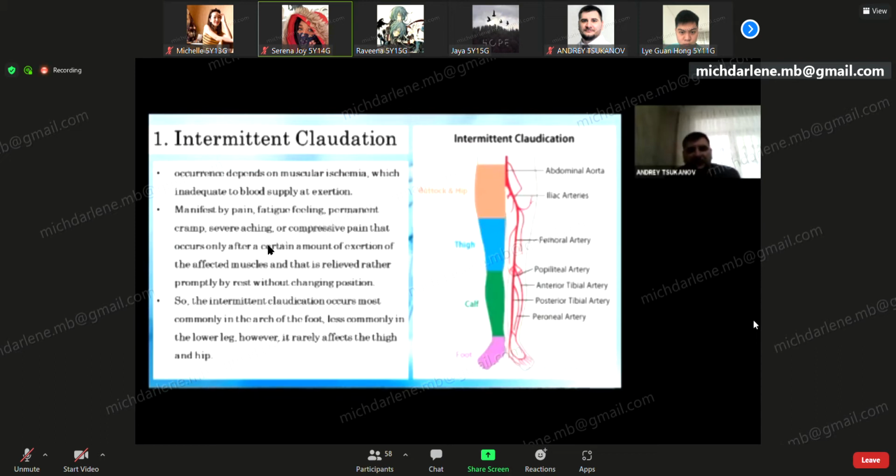Intermittent claudication occurs most commonly in the arch of the foot, less commonly in the lower leg. However, it rarely affects the thigh and hip.